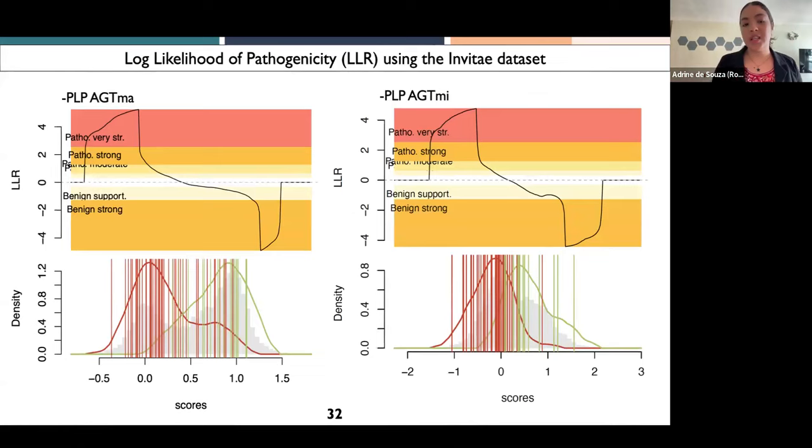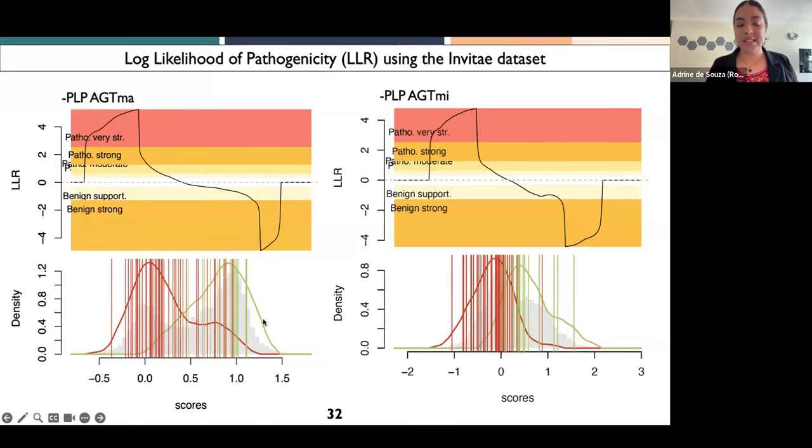Then, using this type of reference set, where the benign variants are the green lines and the pathogenic variants are the red lines, I can make a measurement of log likelihood of pathogenicity using the fitness scores. Using this, I can separate levels of evidence for each one of the variant types and how that could be related to disease.